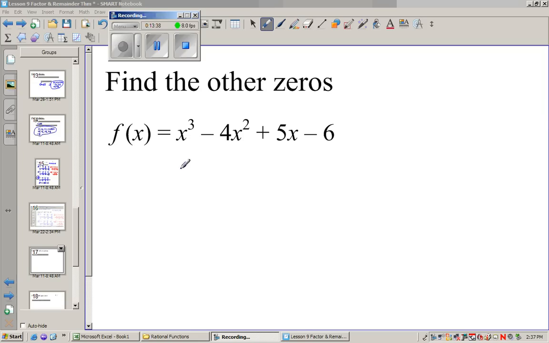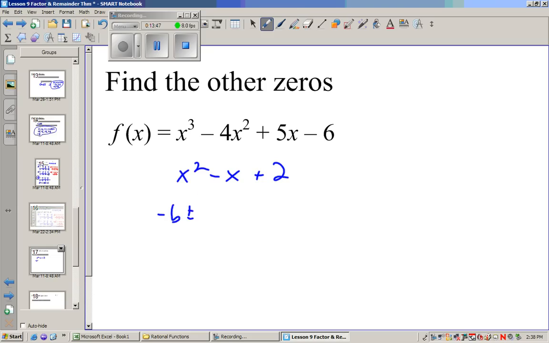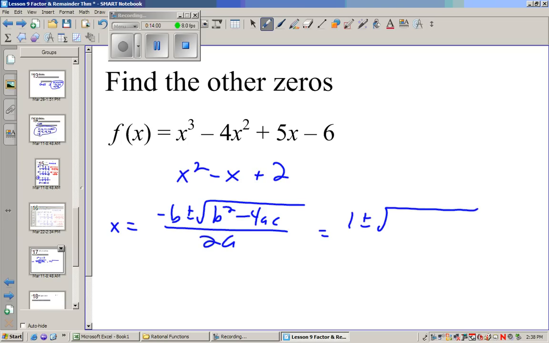Alright, to find the other zeros, we have x squared minus x plus 2. We'd have to use the quadratic formula. So that would be, remember the quadratic formula? Alright, so if we plug in our values, b would be -1, so negative 1 would be +1, plus or minus -1 squared, which is 1, minus 4 times 1 times 2, all over 2 times 1, which is 2.